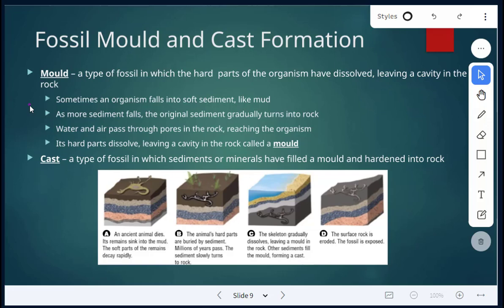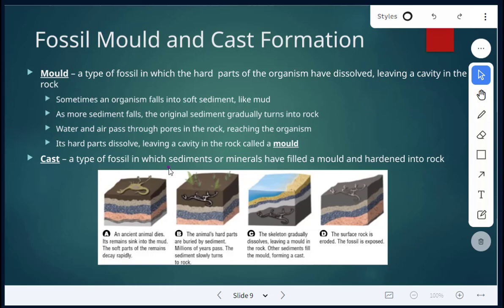And then a cast is a type of fossil in which sediments or minerals have filled a mold and hardened into rock. So here in figure A, an ancient animal has died, its remains sink into the mud, the soft parts decay very rapidly. In figure B, the animal's hard parts are buried by sediment.